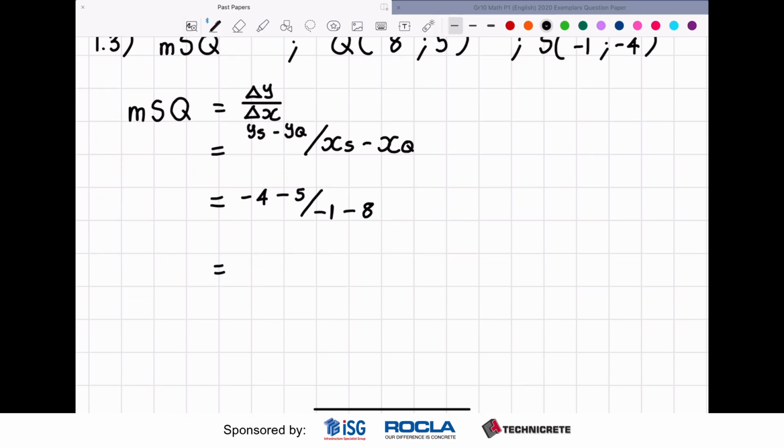So at the top, I'm going to have -9, and at the bottom, I have -9, and so the gradient is just 1.